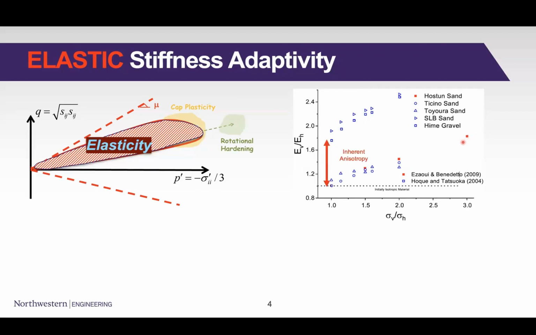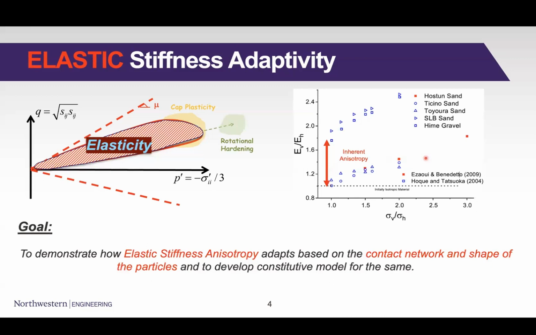Although some sands possess some inherent anisotropy, the qualitative trend of this stiffness anisotropy remains pretty much the same. Why is that the case? That is the goal of today's talk: to demonstrate how elastic stiffness anisotropy adapts based on the contact network and shape of the particles, and to develop constitutive models for the same.